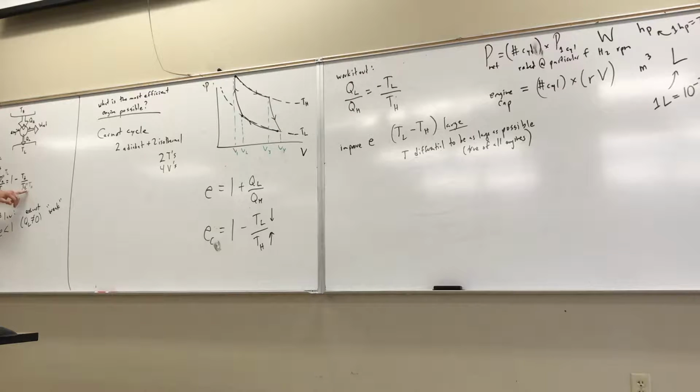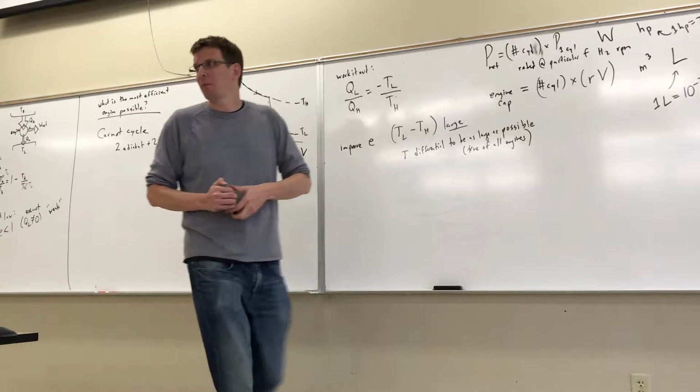And likewise over here, I got TH in the denominator, which was good, but the temperature up at the numerator wasn't as low as T low, okay? So it was only this much lower than T high. So clearly these two are not going to be as efficient as the Carnot cycle, okay? So we get the best of both worlds here.